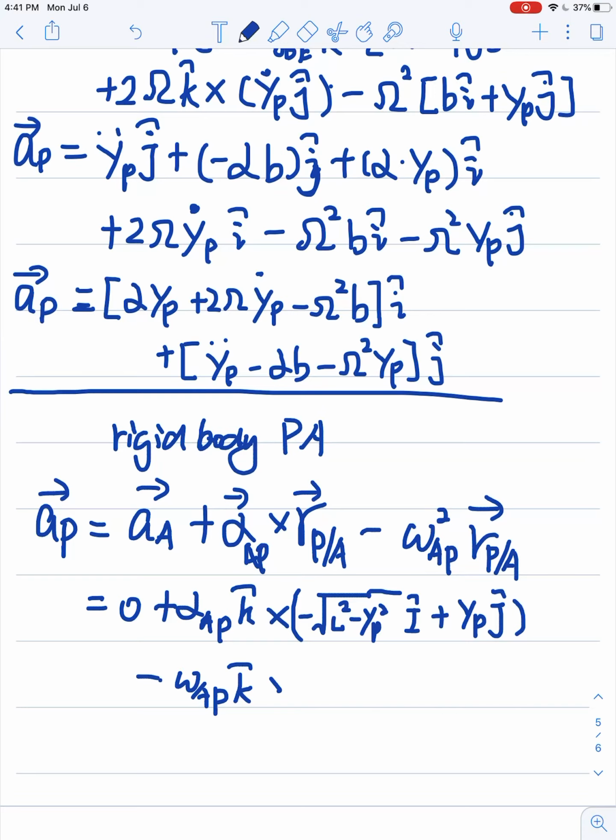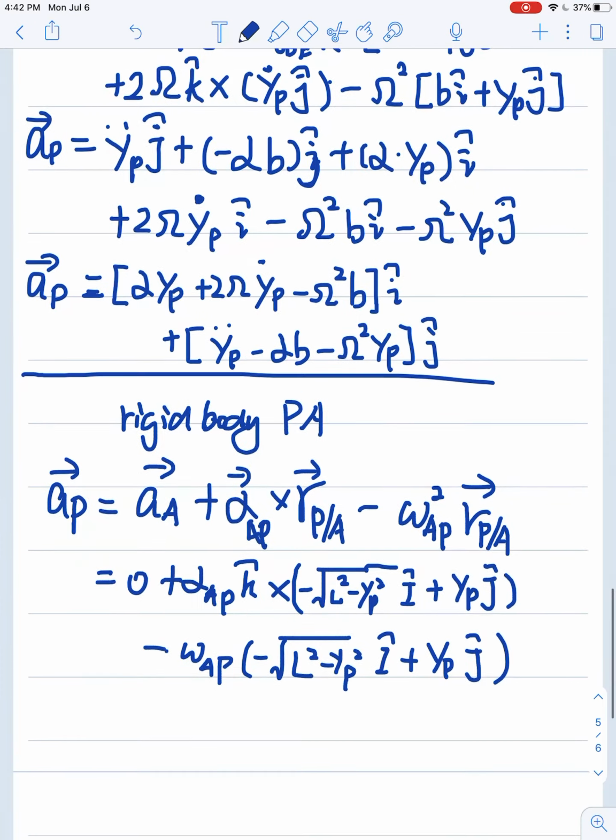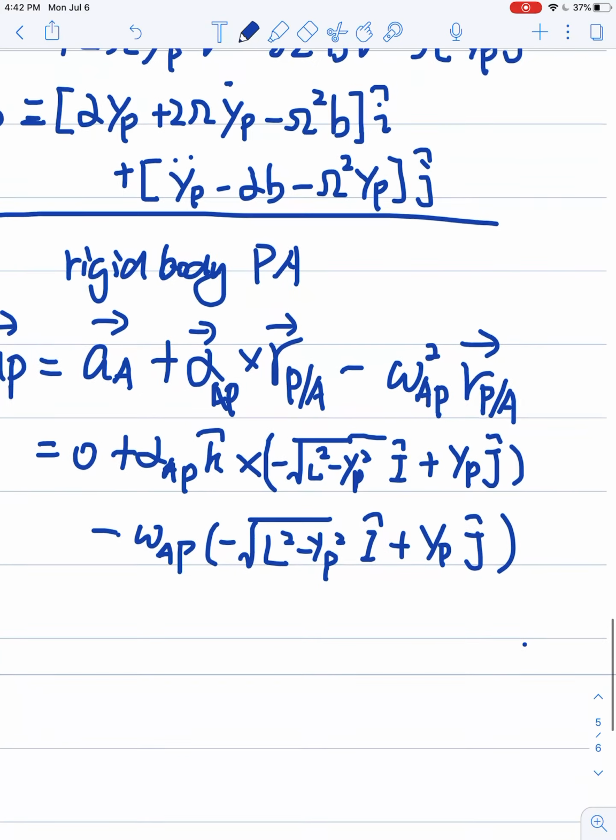So omega AP here is a scalar instead of a vector. RP slash A is the same, we copy that.